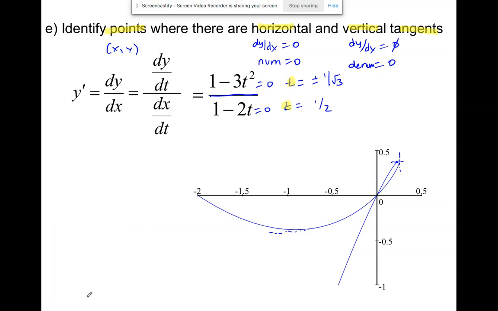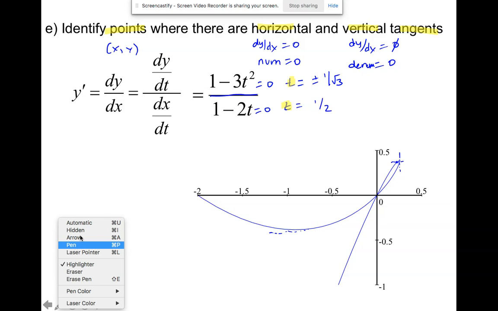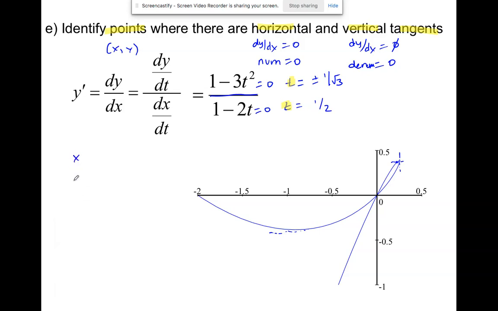Now you need to find the points. There's your horizontal tangents.